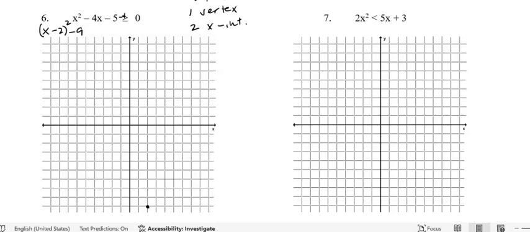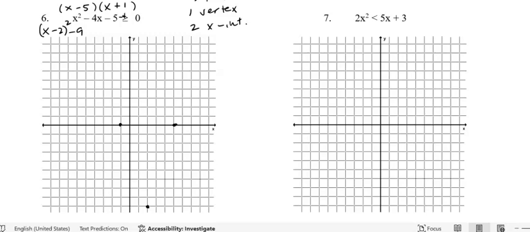Then I need the x-intercepts, and in cases like this, when factoring, all you're really doing is solving the equation form of this, x squared minus 4x minus 5 equals 0. When factoring is possible, I prefer that, because now we can see that the x-intercepts are going to be positive 5 and negative 1.